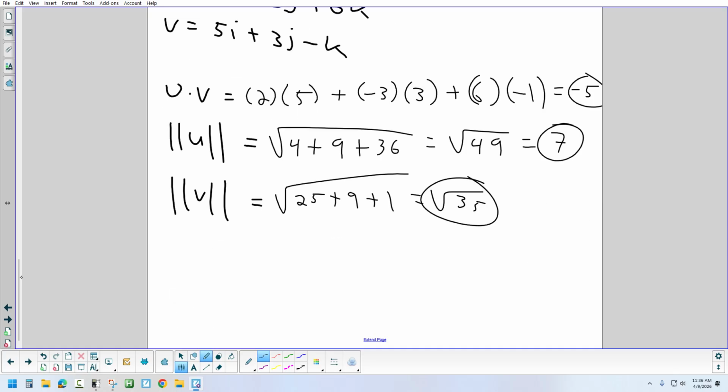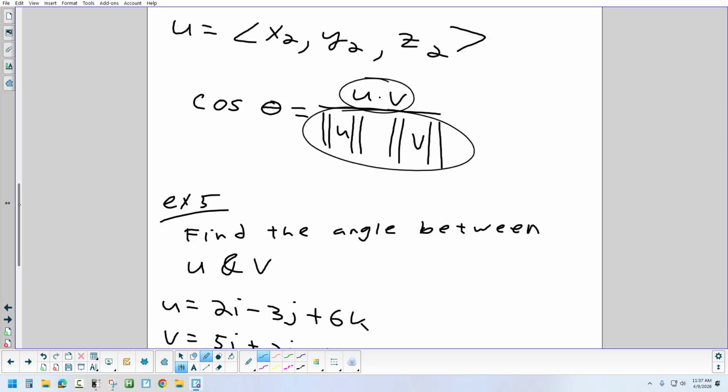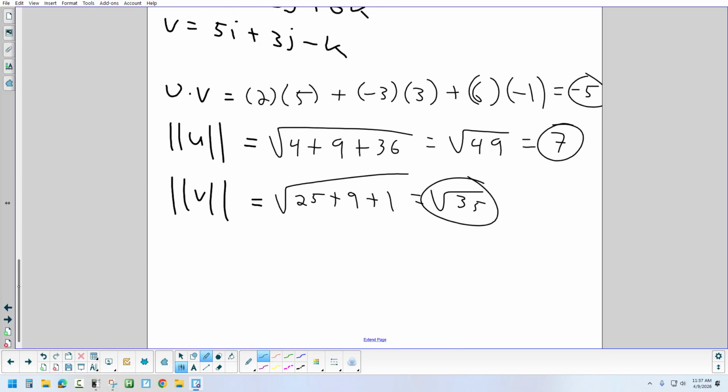And now we fill it all into the formula. Cosine theta equals the dot product over the product of the magnitudes. So the dot product is negative 5. The product of the magnitudes is 7 root 35. Don't round the square root of 35 off, just leave it as the square root of 35. We're going to type that into the calculator.